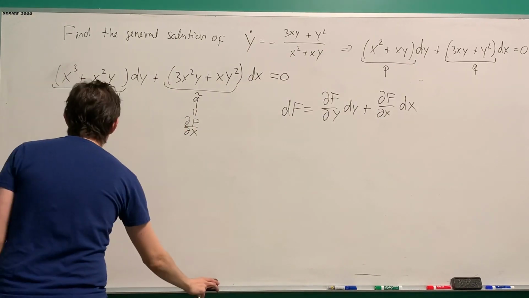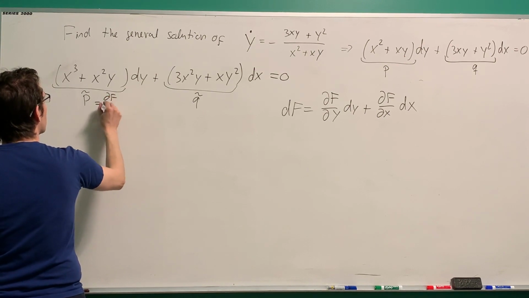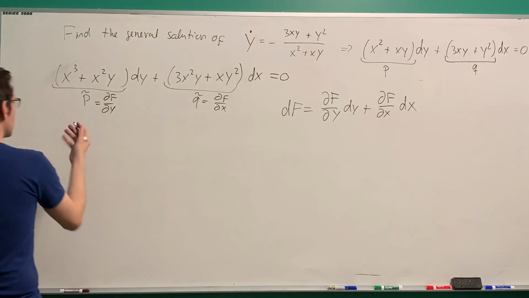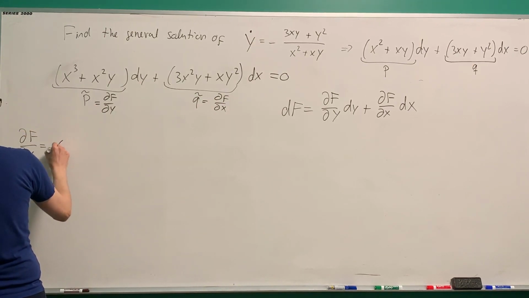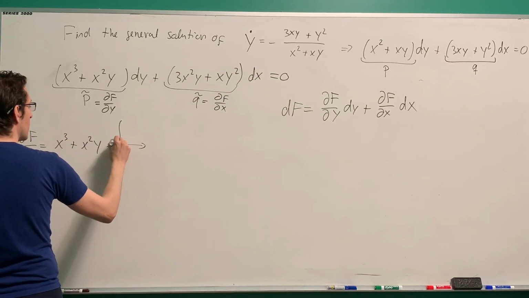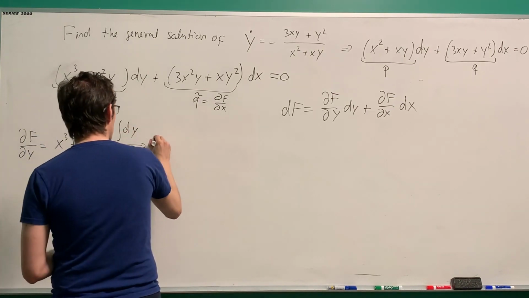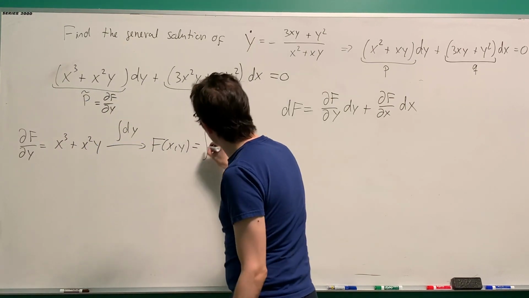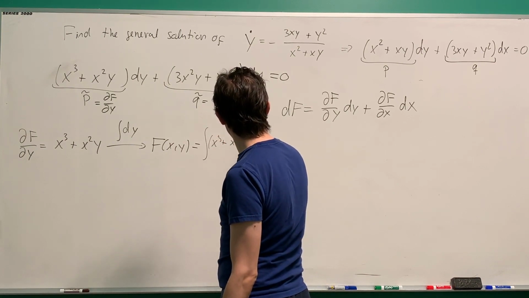So we have here that partial f partial y is equal to x cubed plus x squared y. We find the f of x, y through integration with respect to y. So we know that f of x, y then is equal to the integral with respect to y of x cubed plus x squared y dy.